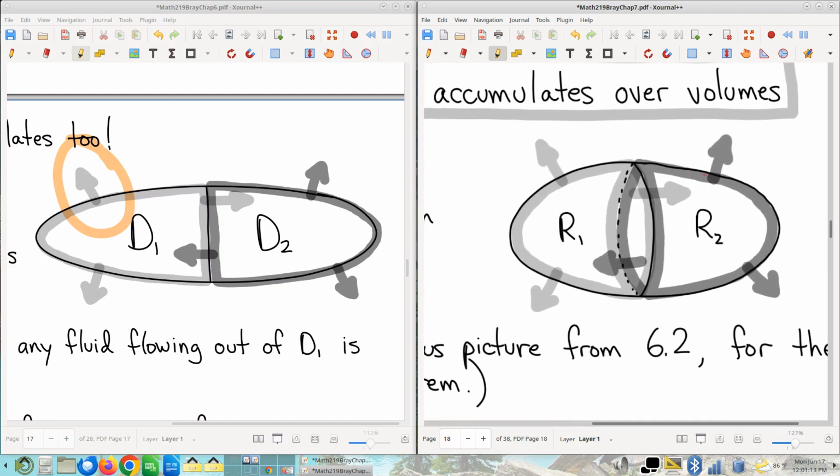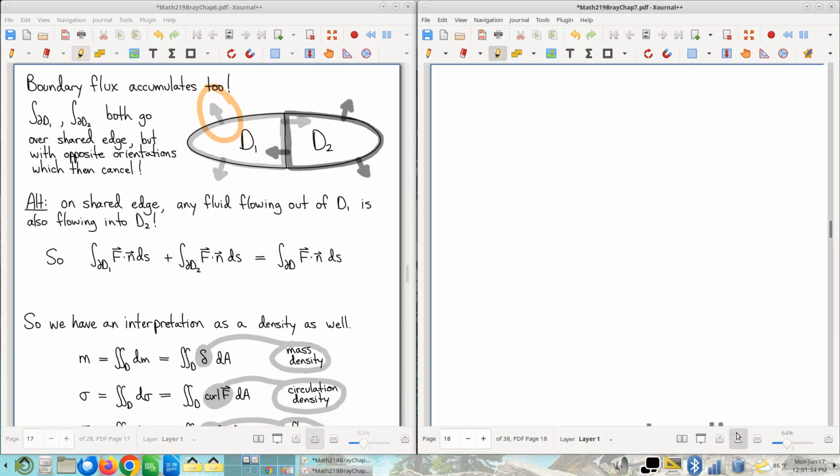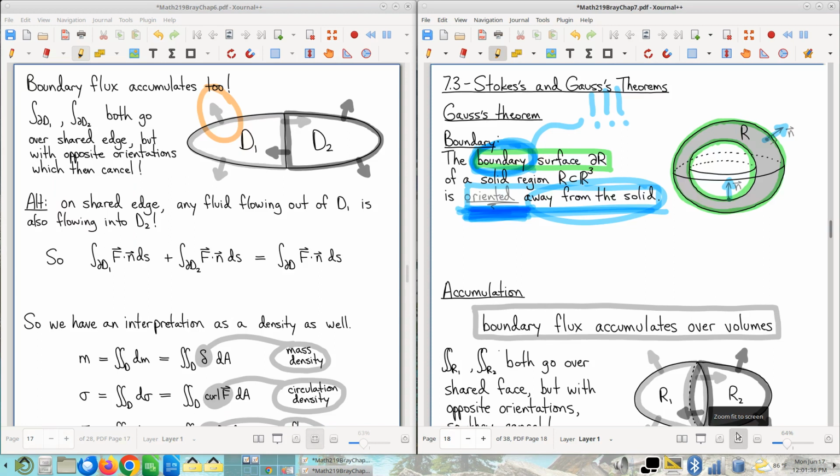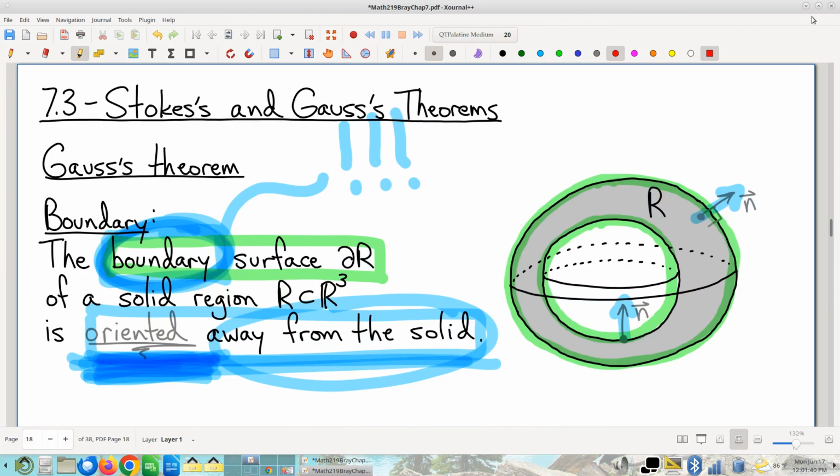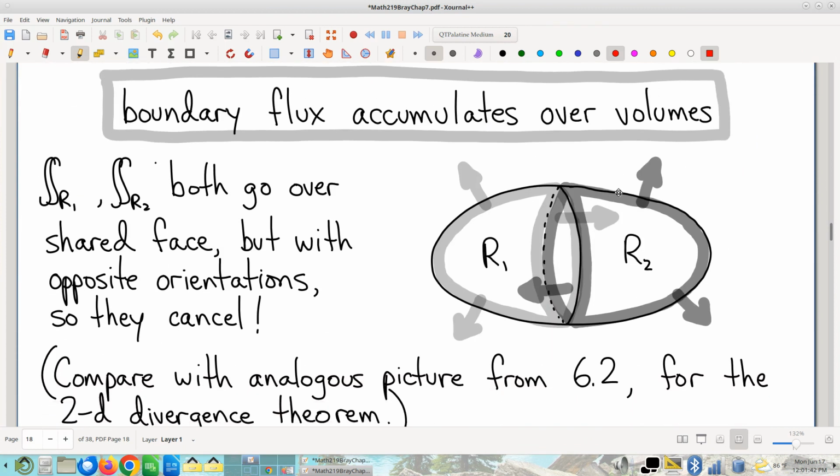When we were looking at the 2D divergence theorem, we could view it as an accumulating quantity through the boundary curve. Here we're looking at flux through the boundary surface. Really, really analogous. It's the same fundamental idea, frankly. Okay, so we have an accumulating quantity.